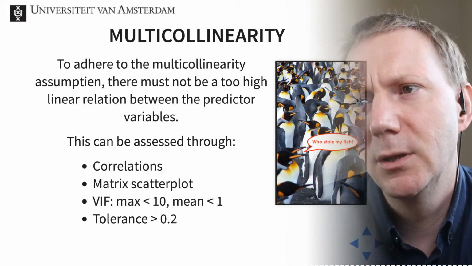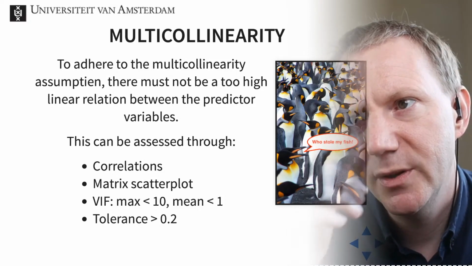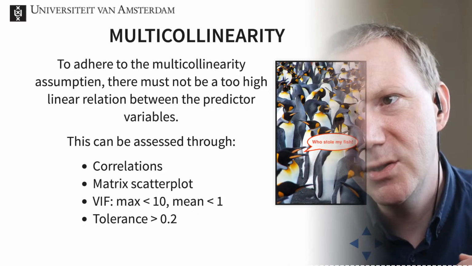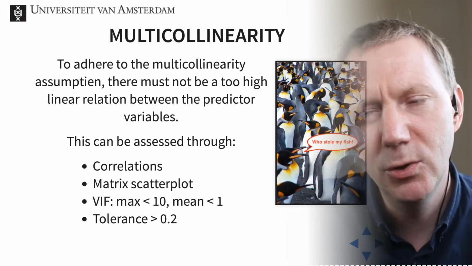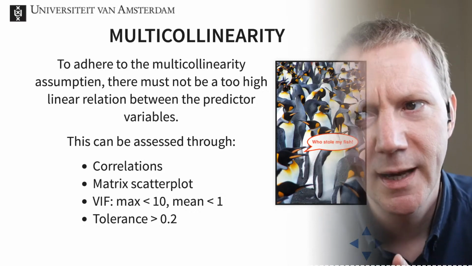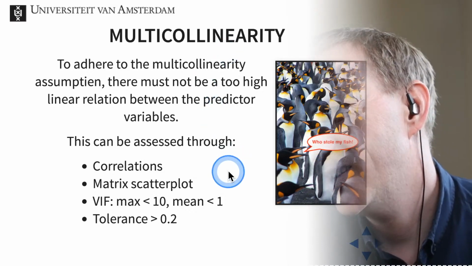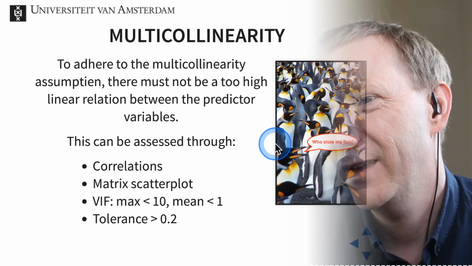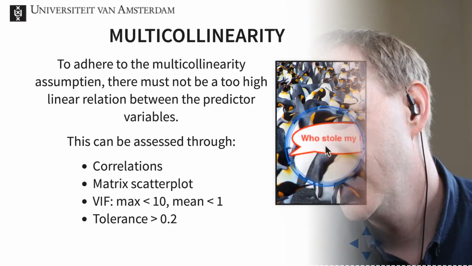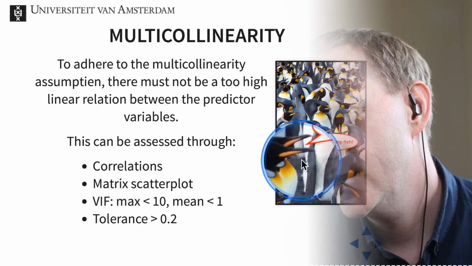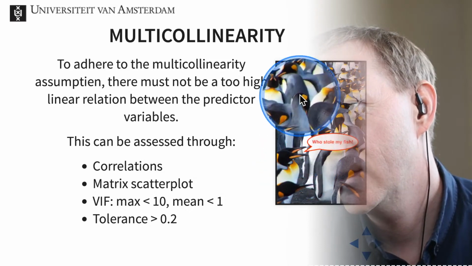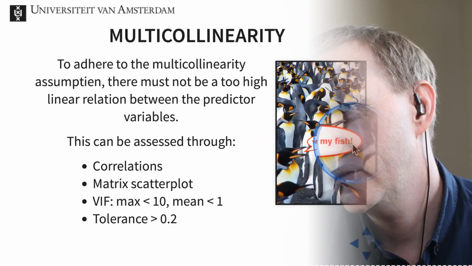To adhere to the multicollinearity assumption, there must not be too high of a relationship between the predictive variables. And I think the image here clearly illustrates this point. "Who stole my fish?" says the penguin, and he wants to know which penguin stole his fish.